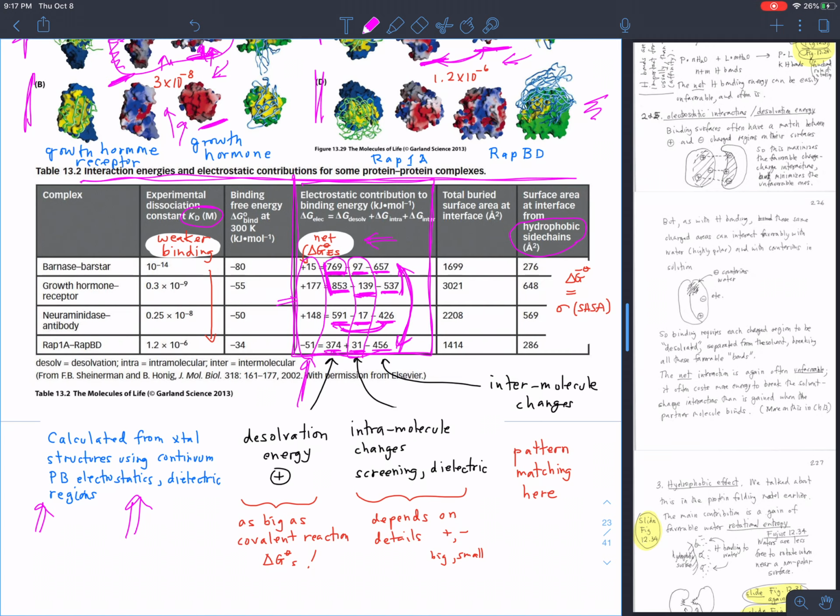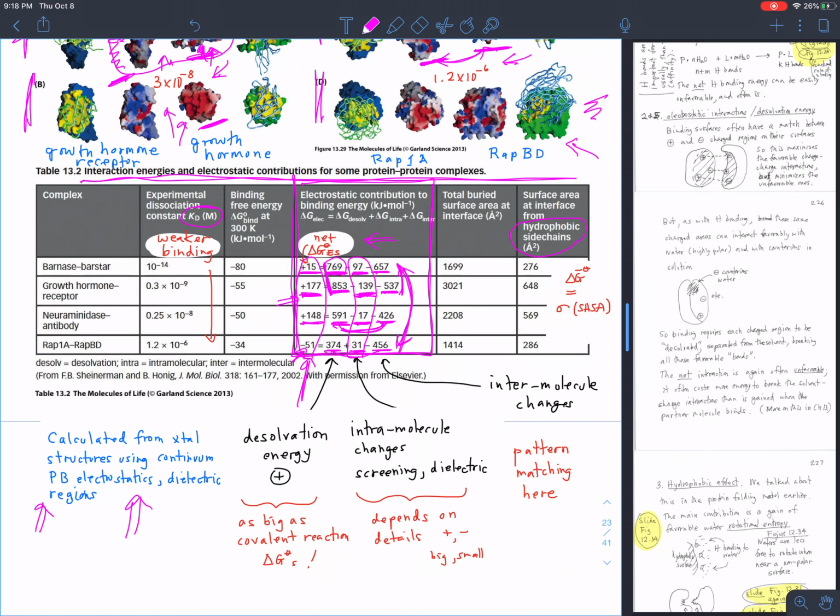Overall, they lead to delta H values. This one's basically neutral. It's a little bit unfavorable, but not very much either way. This one's strongly unfavorable. This one's strongly unfavorable, and the only favorable one, and not that favorable, a good favorable contribution but not huge, is the weakest of the binders.